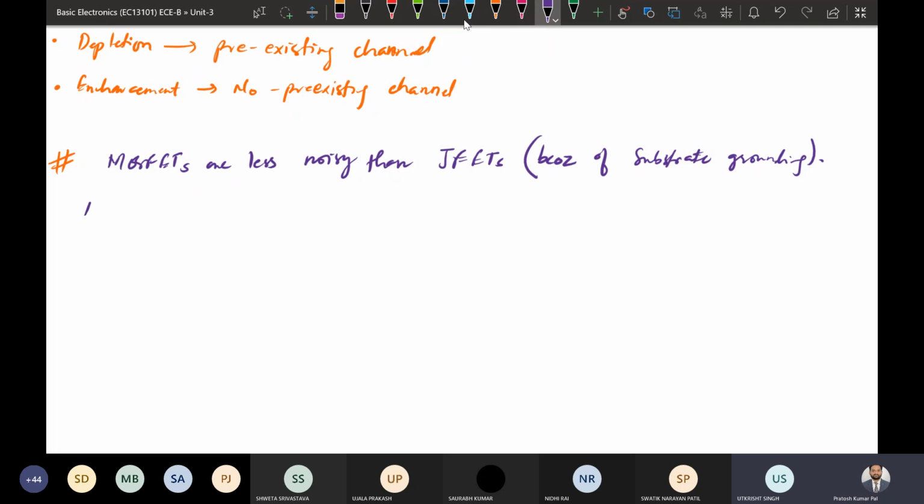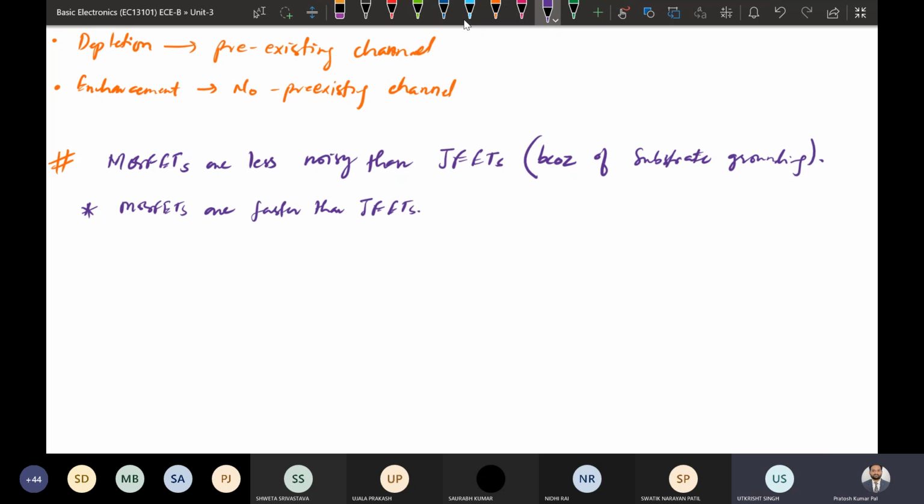And also, MOSFETs are considered to be faster than the JFETs basically.